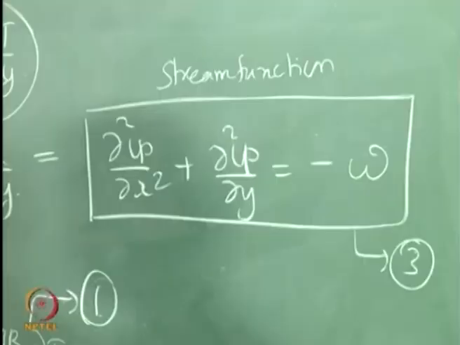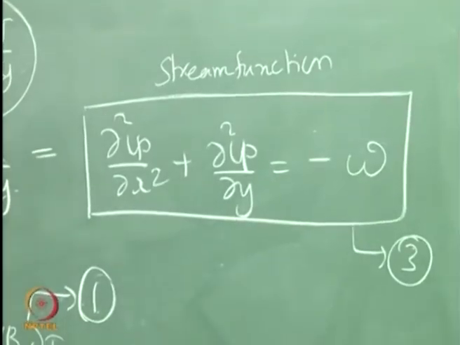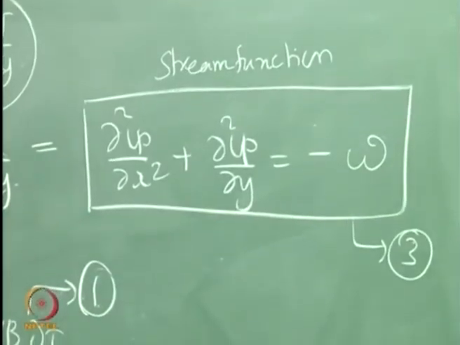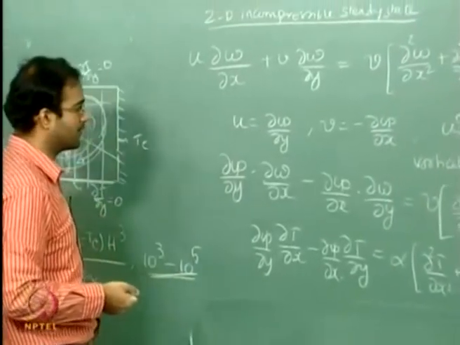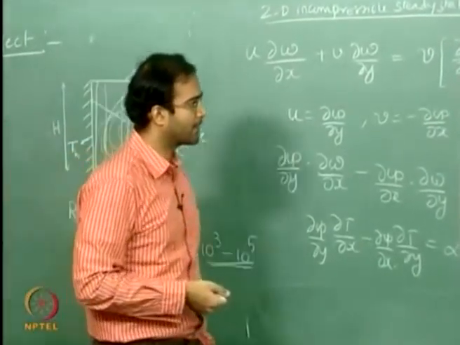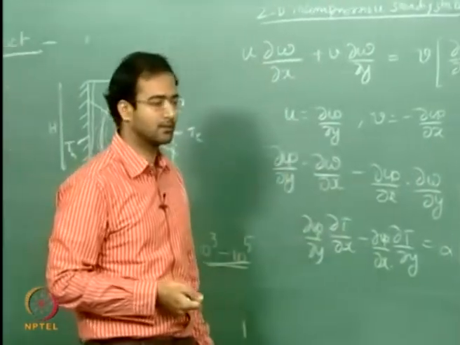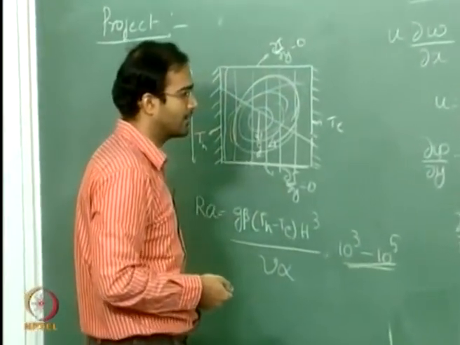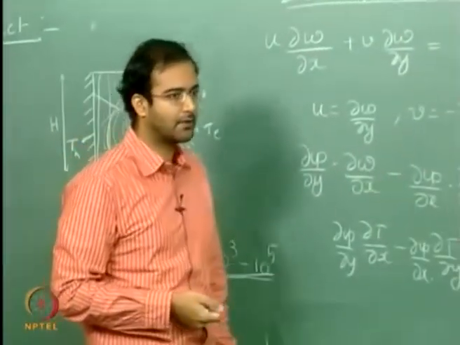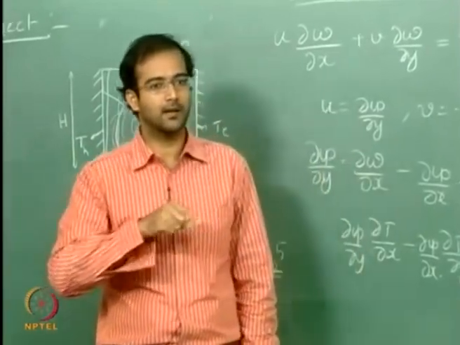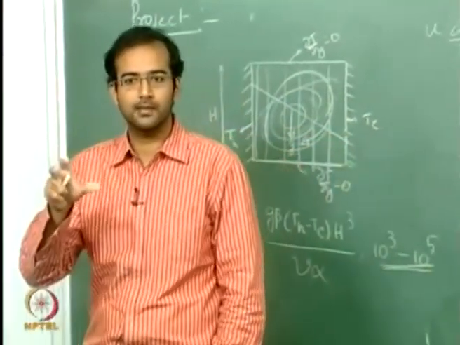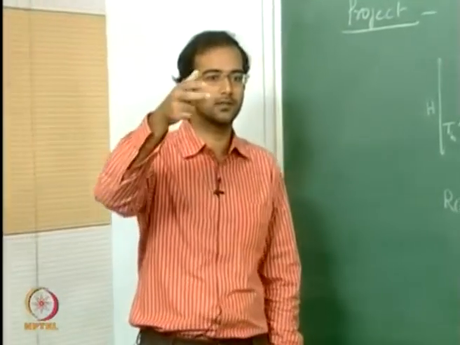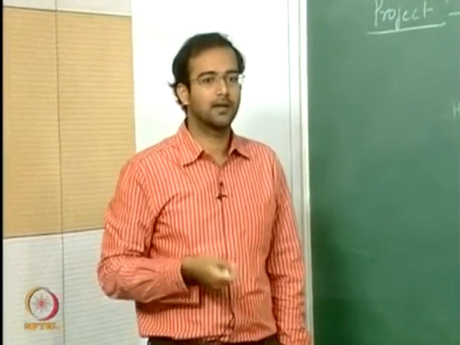So therefore you have 3 equations, 3 unknowns. One for stream function, one for vorticity, and one for temperature. 3 partial differential equations and 3 unknowns which you can solve by using the finite difference method. I think all of you have some basic understanding of finite difference from the heat transfer course in the undergraduate course already.